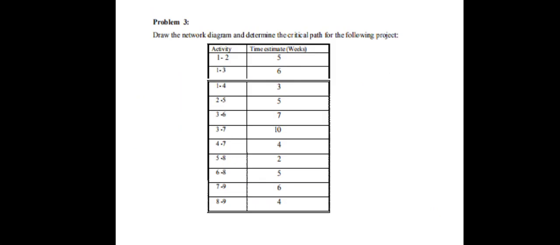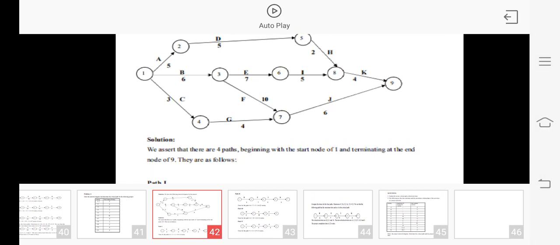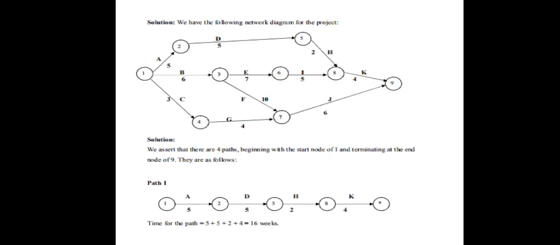Draw a network diagram and determine the critical path for the following project. The activities are given and the time in weeks is given. From activity 1 to 2 the duration is 5. Next, 1 to 3 duration is 6.